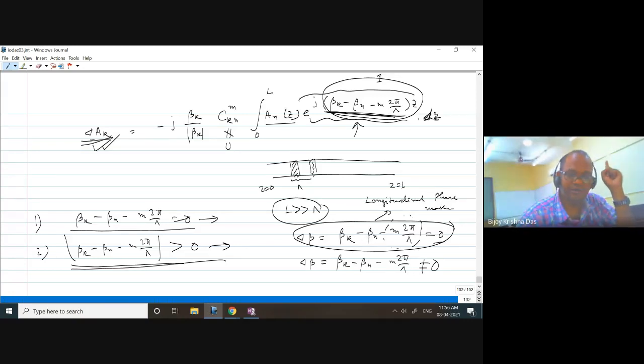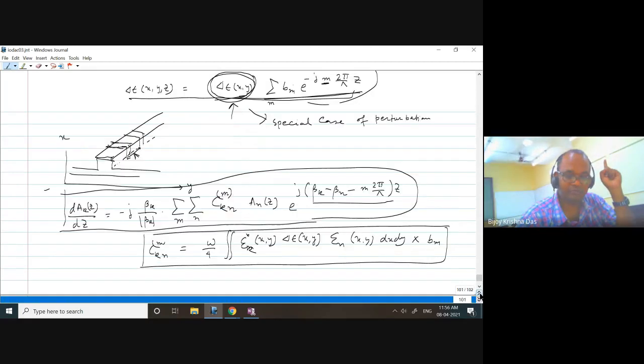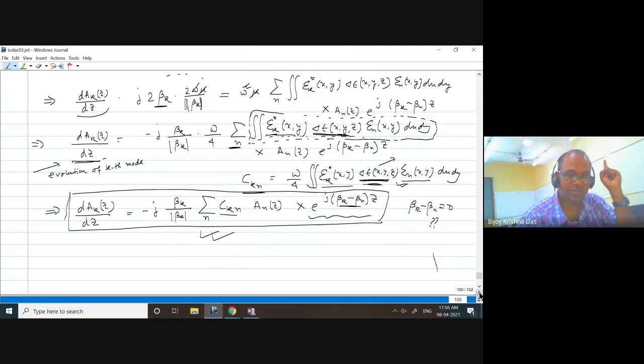In the previous equation, if you see, when I'm writing this one, if beta K minus beta N is not equal to 0, if beta K is not equal to beta N, then also they will not couple, because the perturbation can be of any type. I don't know what type of perturbation is there in the longitudinal direction. Suppose in the longitudinal direction no perturbation is there, but somehow one perturbation, delta epsilon xy, is there.